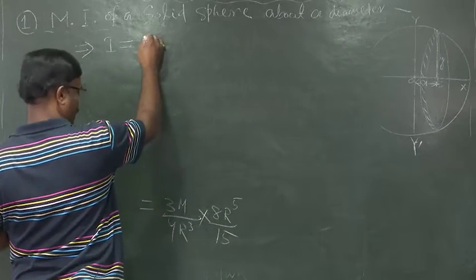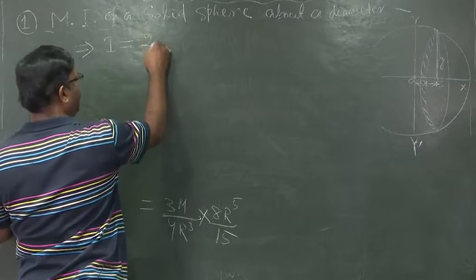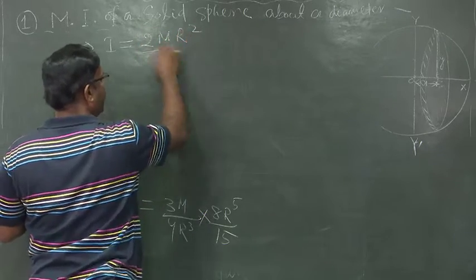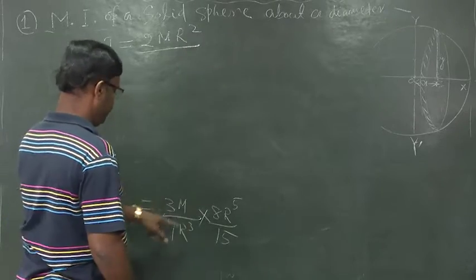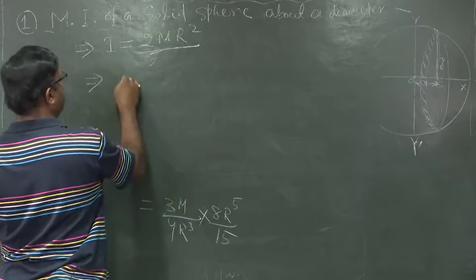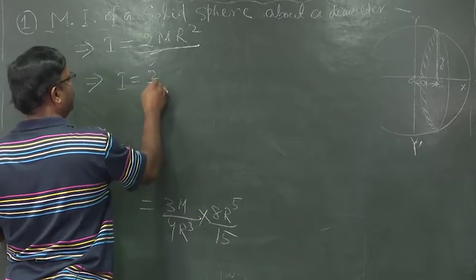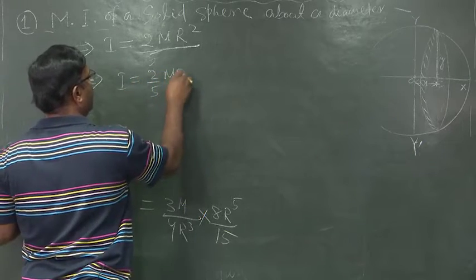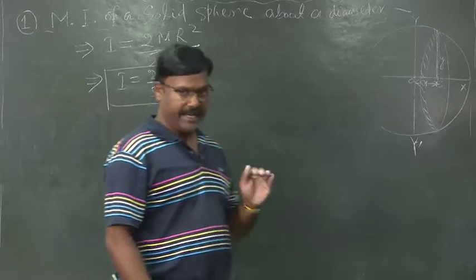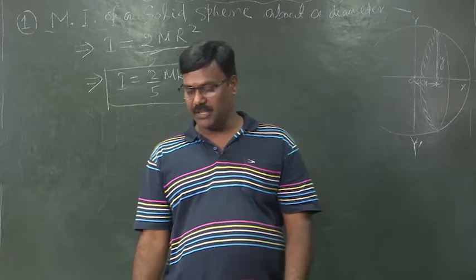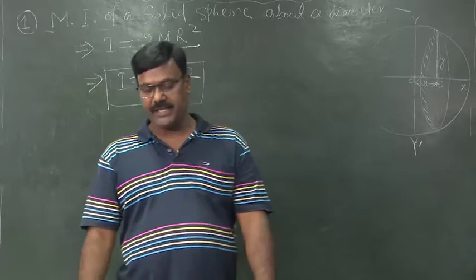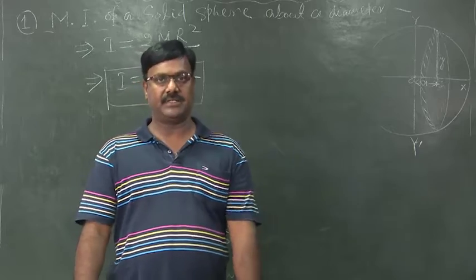So, I is equal to 2 m r square divided by 5, which implies I is equal to 2 by 5 m r square. This is the expression for the moment of inertia of a solid sphere about one of its diameters.